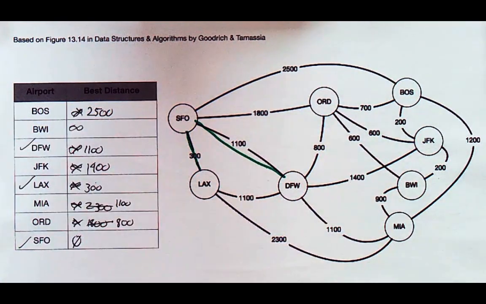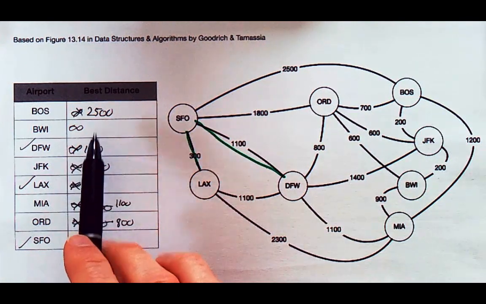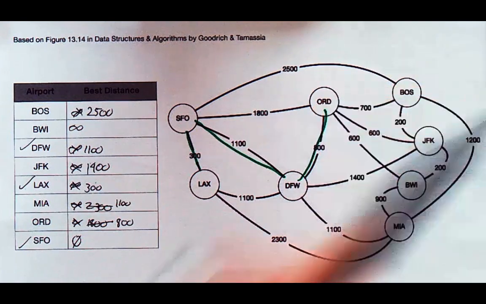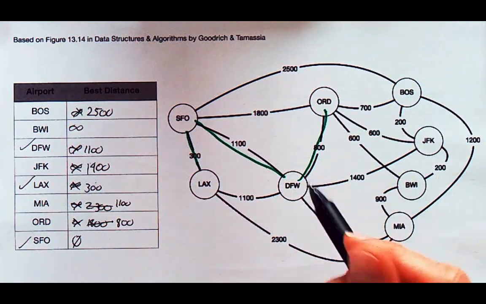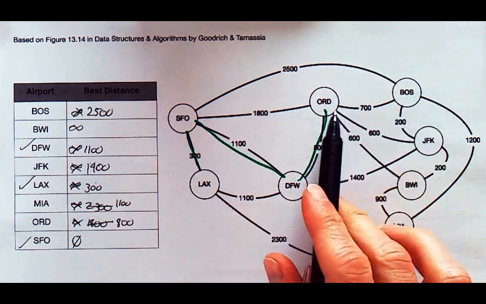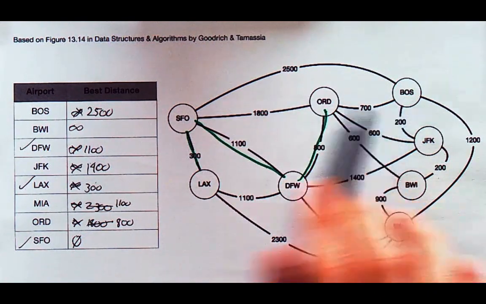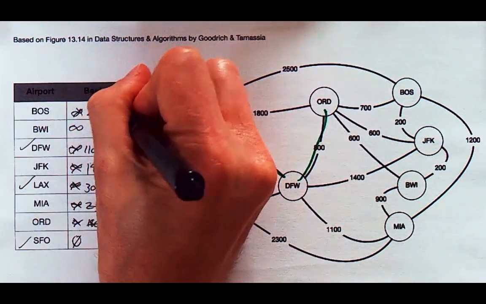So next we go through our priority queue yet again. So we've got 800, 1100, 1400, 1400, infinity, and 2500. It looks like O'Hare is our best choice. So we'll go ahead and look at that. So we'll update our outgoing distances. So we've got an outgoing edge to Boston at 700. That's a lot better than 2500.